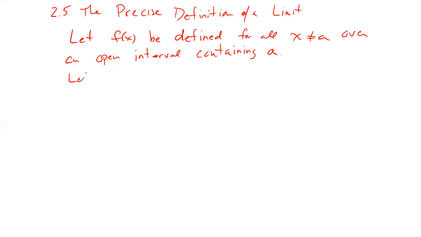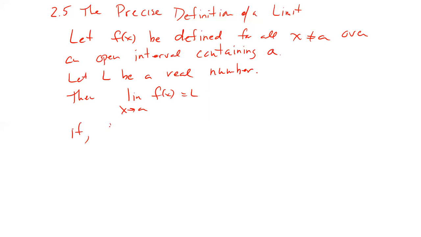And now we're going to say this. Let L, capital L, be a real number. A lot of English words, then we'll get there. Then here's what we got. The limit as x goes to a of f of x is equal to L. So we have a limit, that's for sure. We have that if for every epsilon greater than 0, so epsilon's kind of like a squiggly capital E, but it's actually a lowercase e, there exists a delta greater than 0.